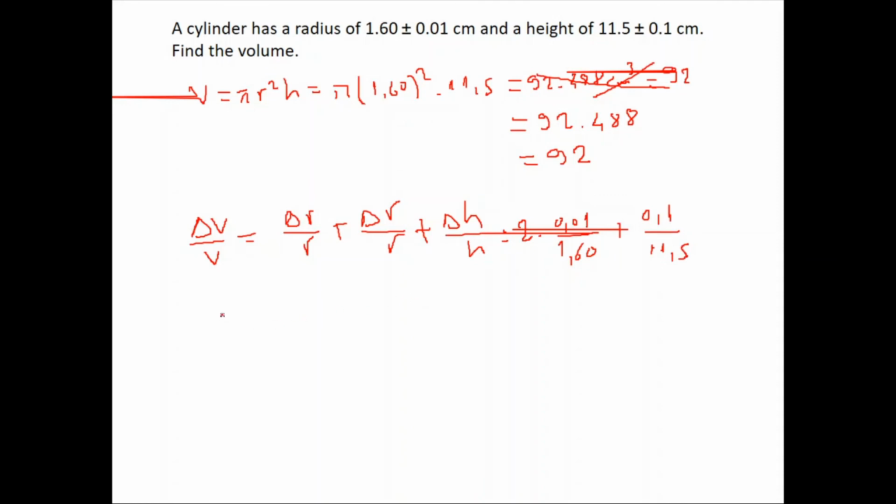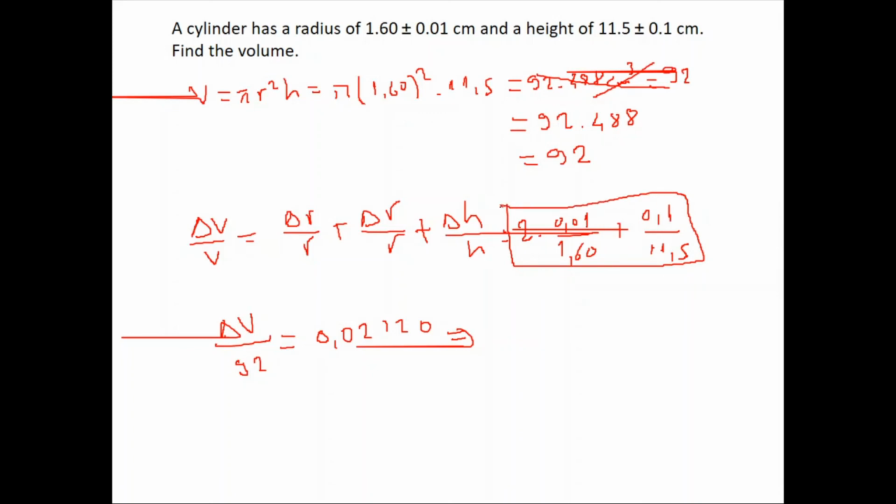So in doing this calculation, we are going to get delta V over V, where the volume is equal to 92. Summing these two values is going to give us 0.02120.